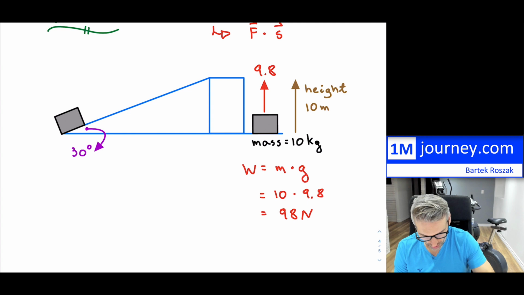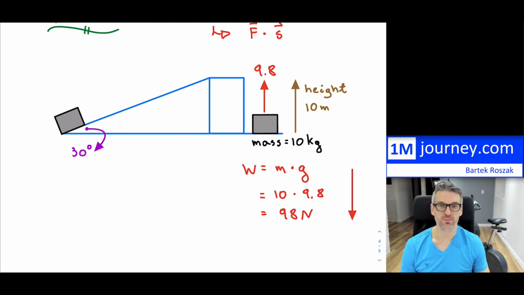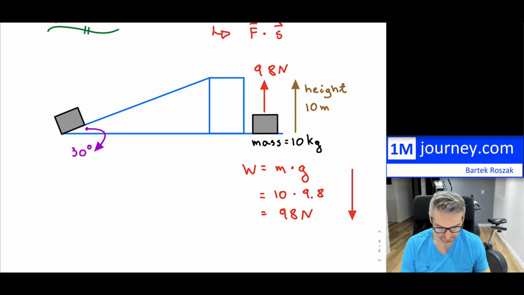So that is the force that you're going to have to overcome. The weight is of course down because gravity is pulling it down, and that force has to be 98 newtons up to overcome it.